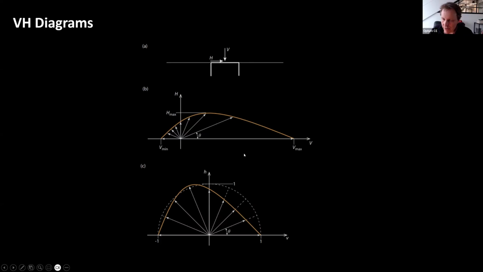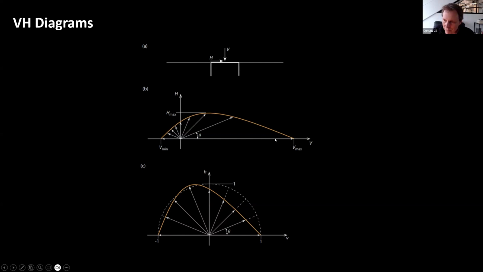And how to generate these diagrams, well, then Python scripting is really extremely useful. So you set up a script that basically applies loads in different directions. So it applies a combination of V and H. So there's a V and H here, and then you can go around in an angle here to basically cover the whole envelope.